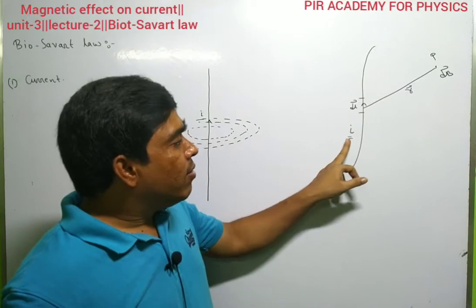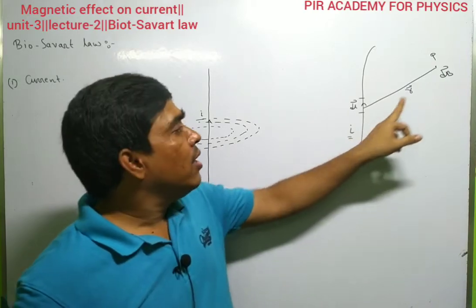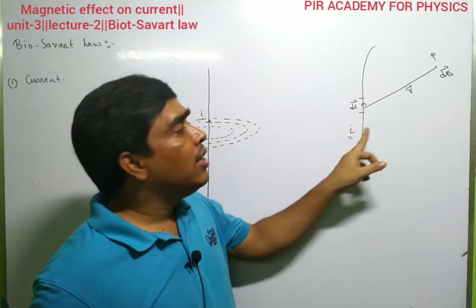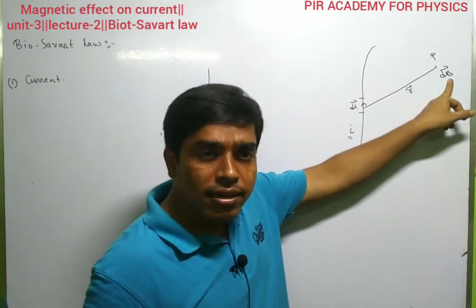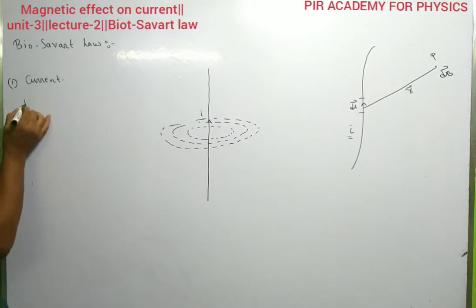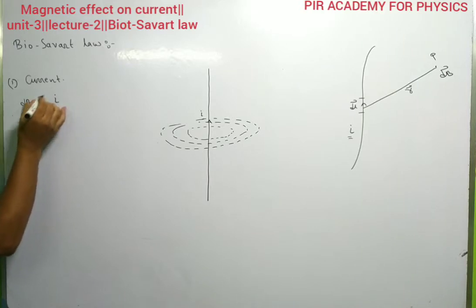If I increase the current, the magnetic field will increase. If I decrease the current, the magnetic field will decrease. So the magnetic field at point P is directly proportional to the current.